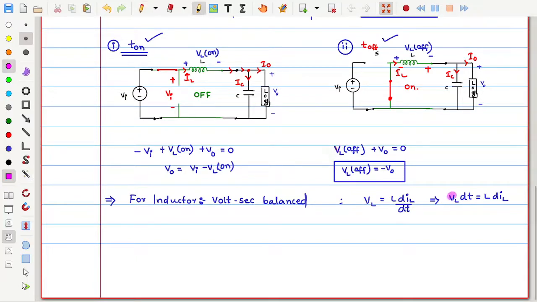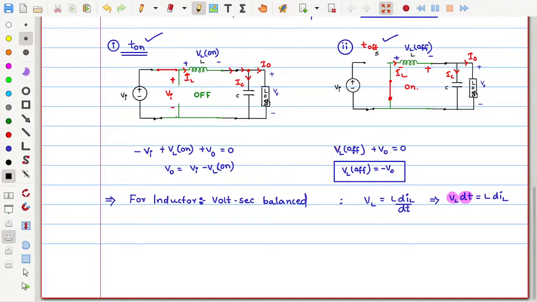See here, voltage into time. Generally for the inductor, volt second balance must be such that during the on time voltage into time is equal to during the off time voltage into time. That nature must be balanced for the inductor. Voltage units are volts, time units are seconds.